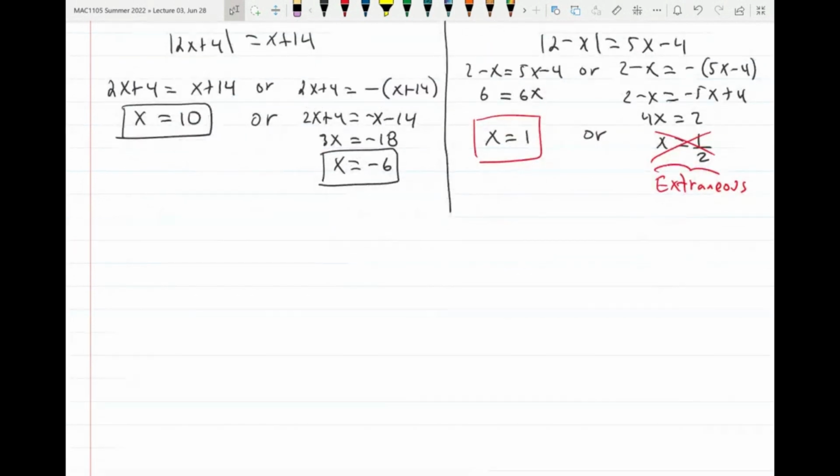Okay, good. So let me give you one more and then give you some time to try. Now play a little bit with fractions here.